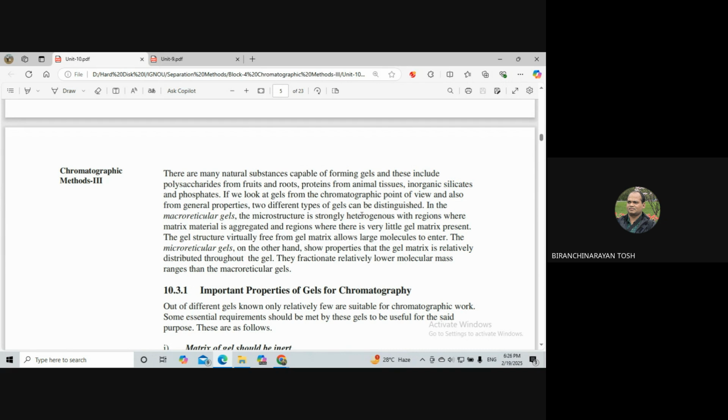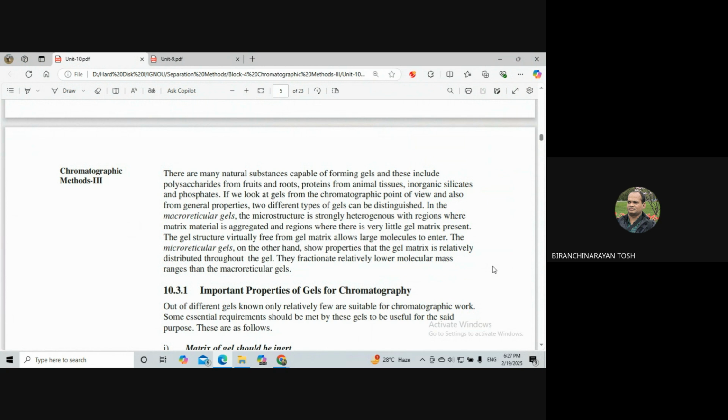If we look at the gel from the chromatographic point of view and also from general properties, two different types of gels can be distinguished. In the macroreticular gel, the microstructure is strongly heterogeneous, with regions where matrix material is aggregated and regions where there is very little gel matrix present. The gel structure, virtually free from gel matrix, allows larger molecules to enter.